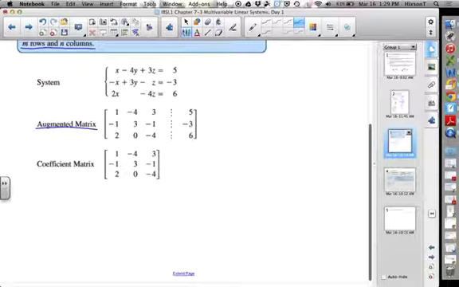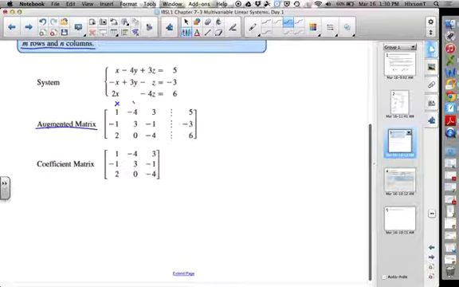In the augmented matrix, what we've done is we've taken the coefficients of the x's and made that our first column. You could look at that as the x column of the matrix. Then we take the coefficients of the y's. We had negative 4y in that equation, 3y's there, no y's in the last equation.